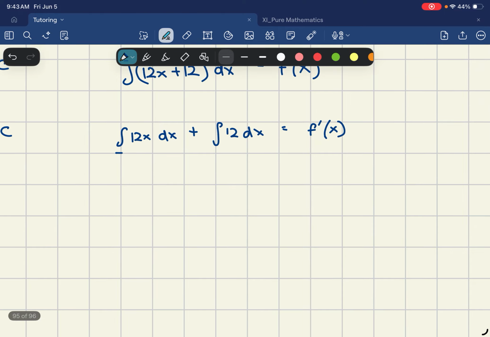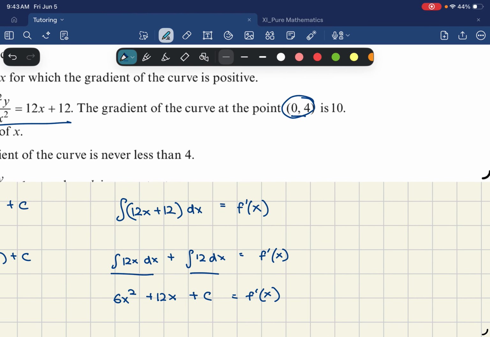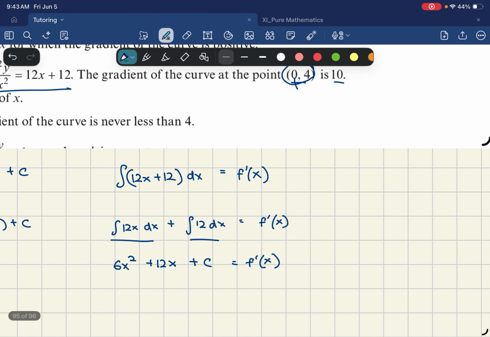So if you integrate this part, you're going to get 6x squared. If you integrate this part, you're going to get 12x plus c. That is f dash of x. Now, we are given that at this point, the gradient is 10. So gradient just means dy by dx when x is equal to 0.